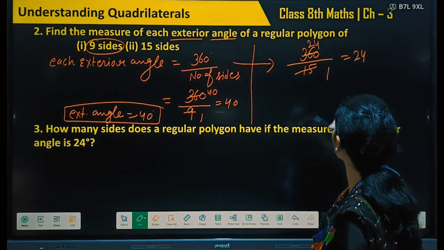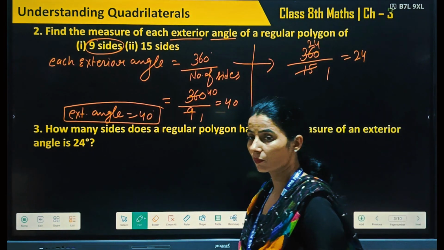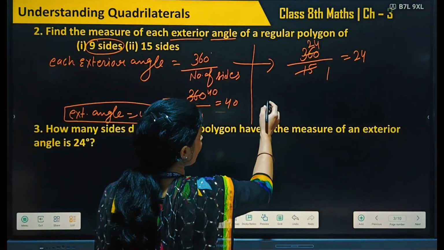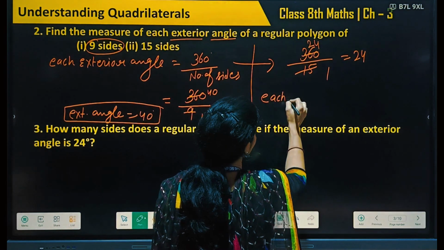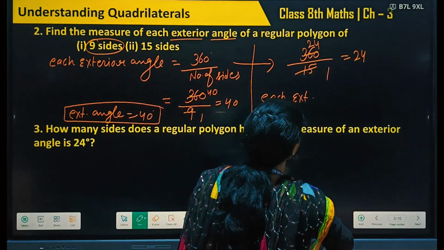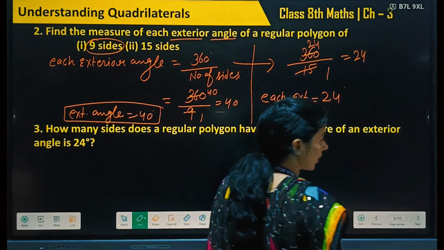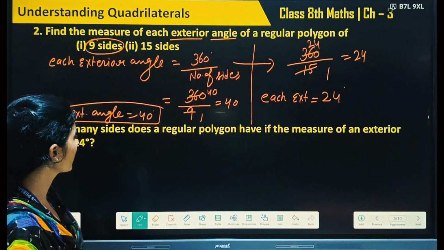Answer is 24. Each exterior angle will be 24 degree. Next question.